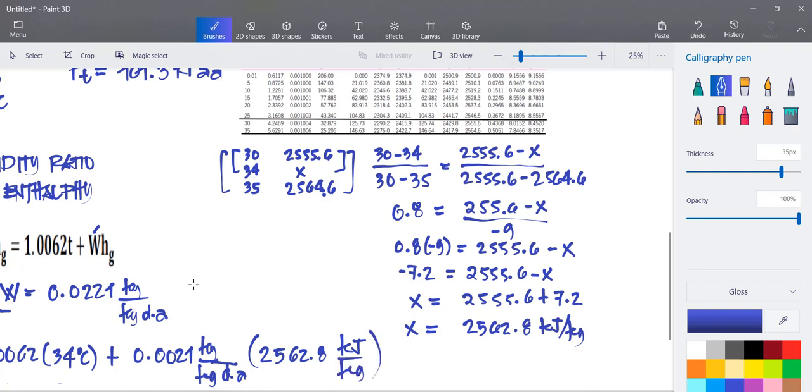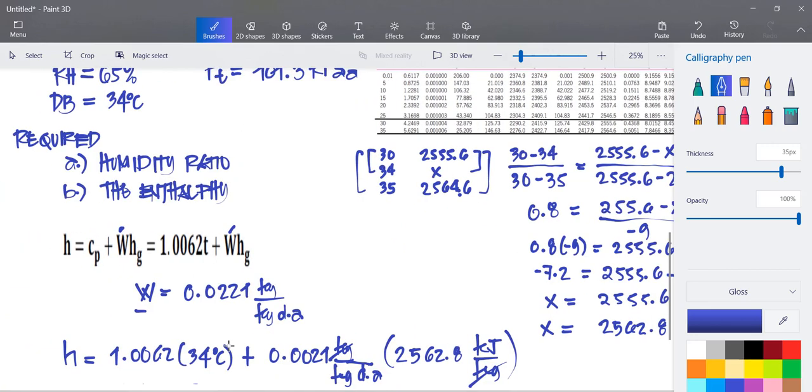Okay, the common units cancel out, and this one will be cancelled out since this is the specific heat, Cp.